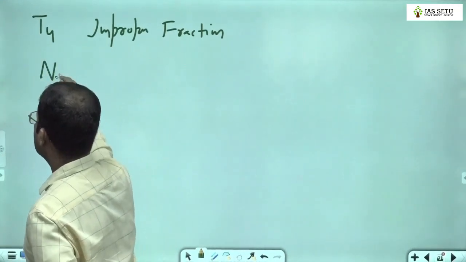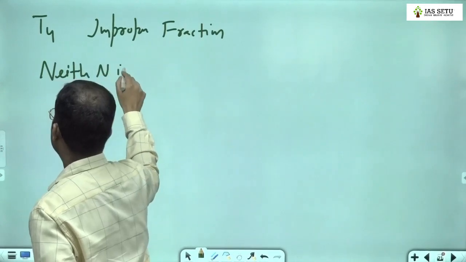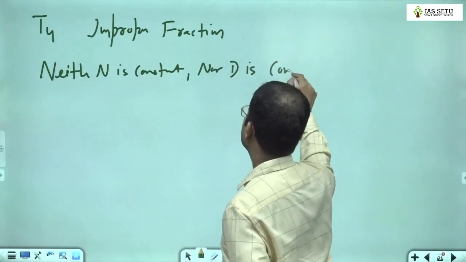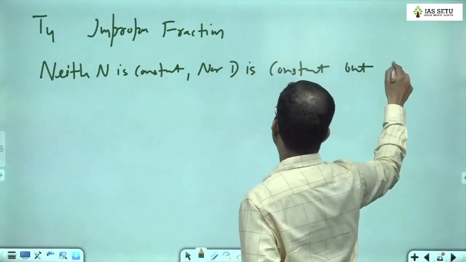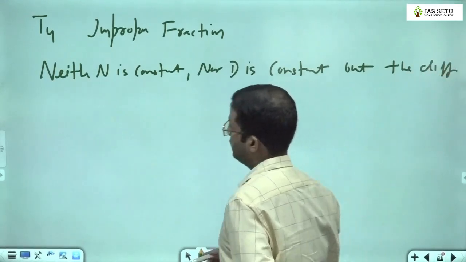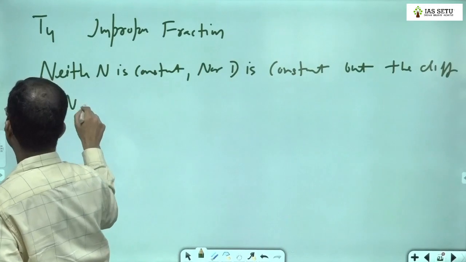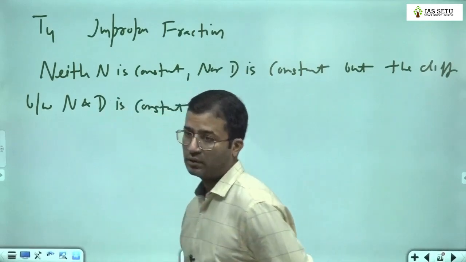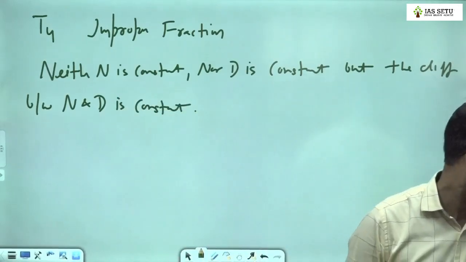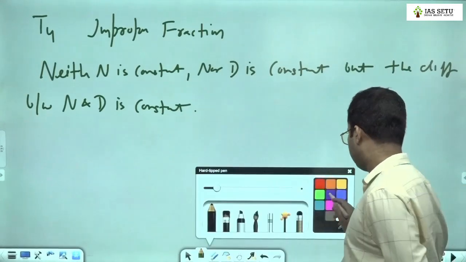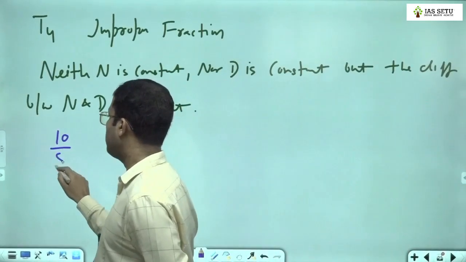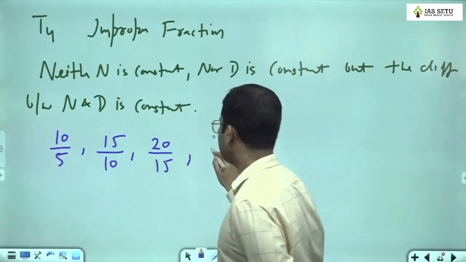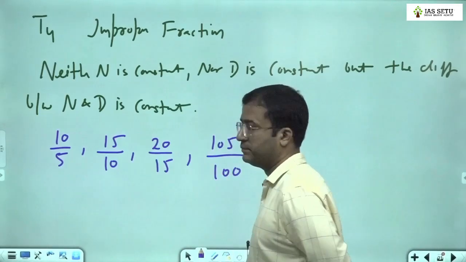Neither numerator constant nor denominator constant, but the difference between numerator and denominator is constant. Example: 10/5, 15/10, 20/15, 105/100.